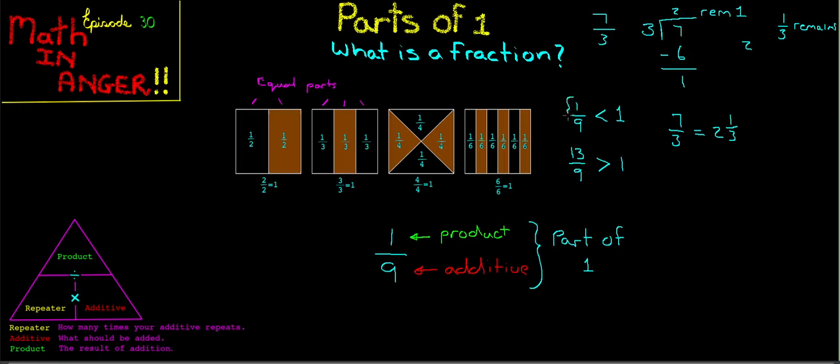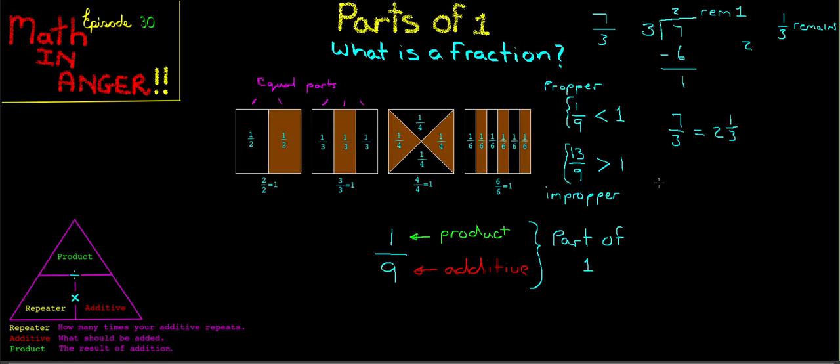What you're looking at here, this is a proper fraction. It is proper because it is talking about just something that is a part of 1. This over here is an improper fraction. And it's improper because it's talking about more than 1.